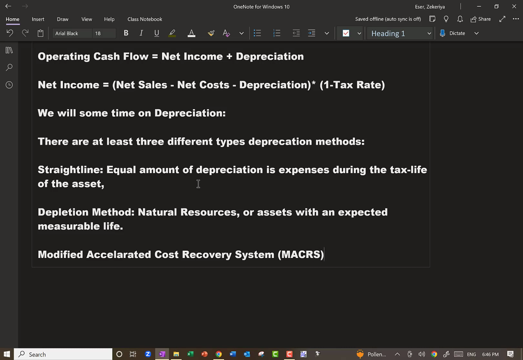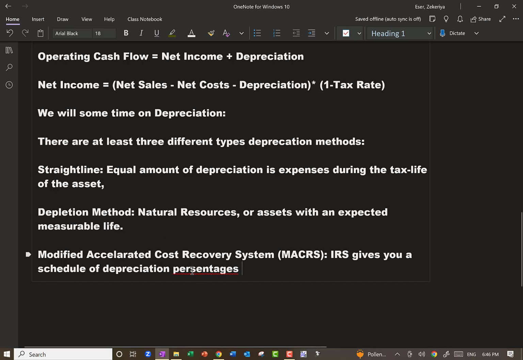The IRS gives you a schedule of depreciation percentages. Of course, we're not British, we're going to write that with a C. Even the British don't spell it with an S. Percentages based on tax life.